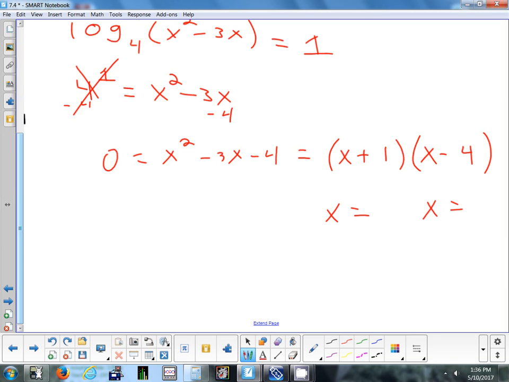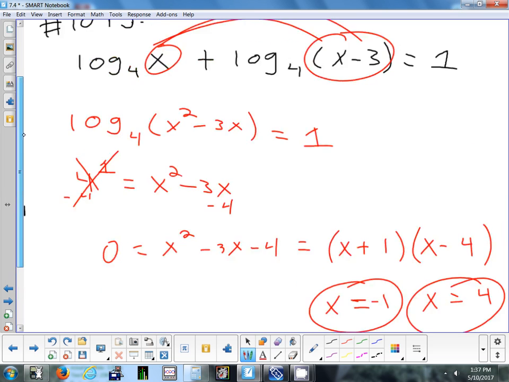Okay, so Heather, what would be my answer to the first factor? Negative 1. Second factor? 4. Is there anything else I have to check before I just say I'm done? Make sure when you plug them back into the original, you never get a negative.